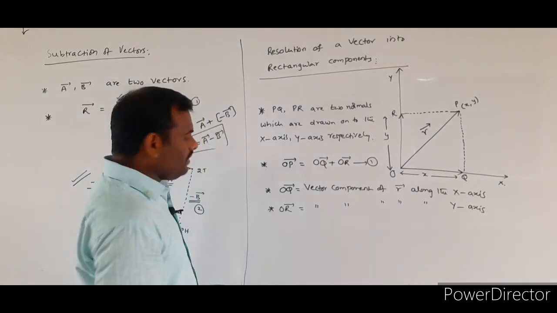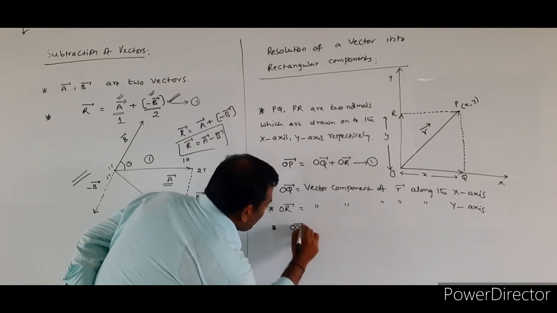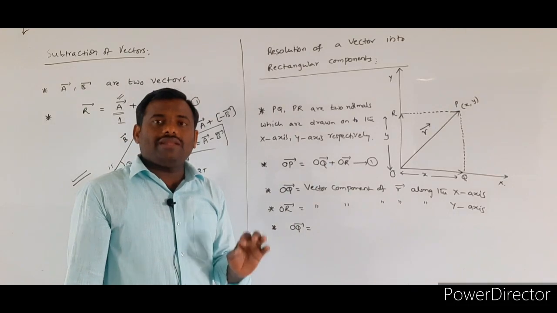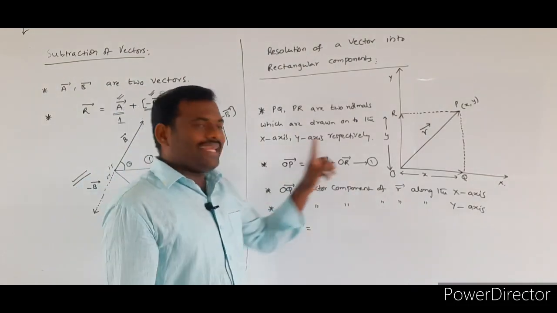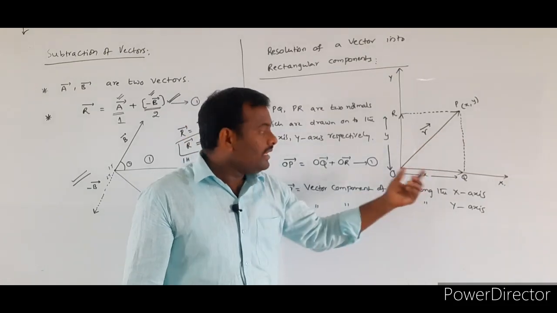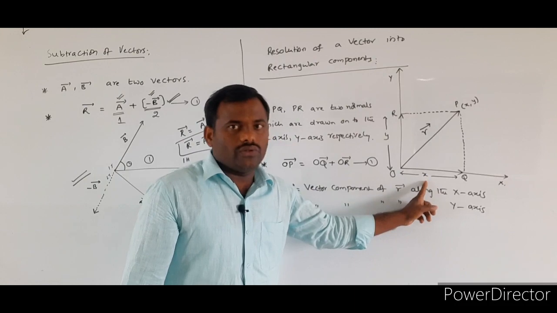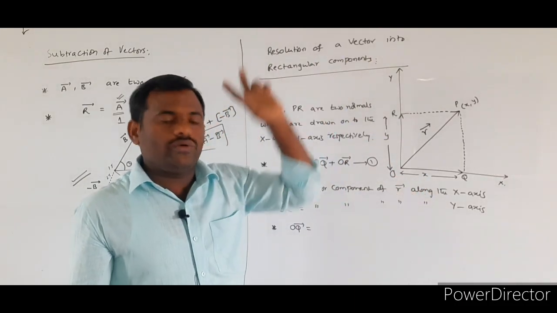So therefore, we will write OQ bar. Any vector will have magnitude as well as direction. OQ bar is the vector along the x-axis. The magnitude of OQ along the x-axis is x units. The magnitude of OR along the y-axis is y units.